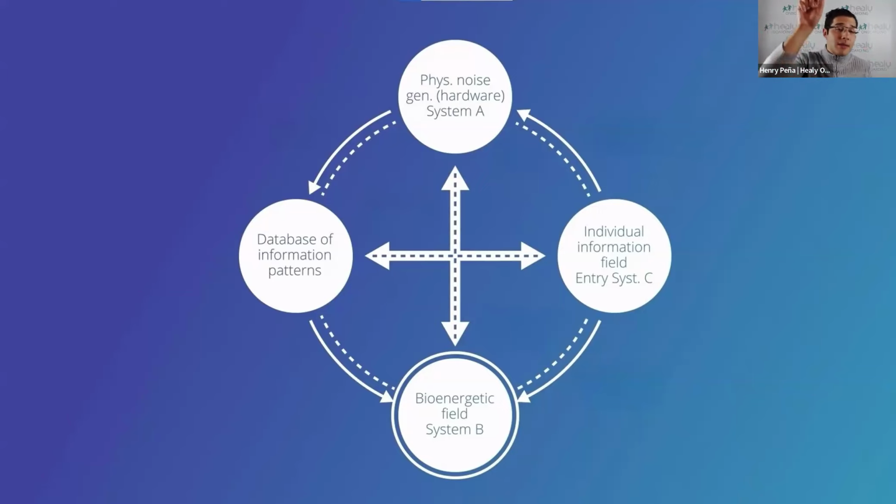And let's also remember that in that very first link that you see, the vertical link between the physical noise generator, aka Healy, and the bioenergetic field of System B, the client, there is already a link right there happening with your own intention. So it is important that you, as the user utilizing the Healy or the experimenter, if you're working with a client, understand that your intention also plays a role here.